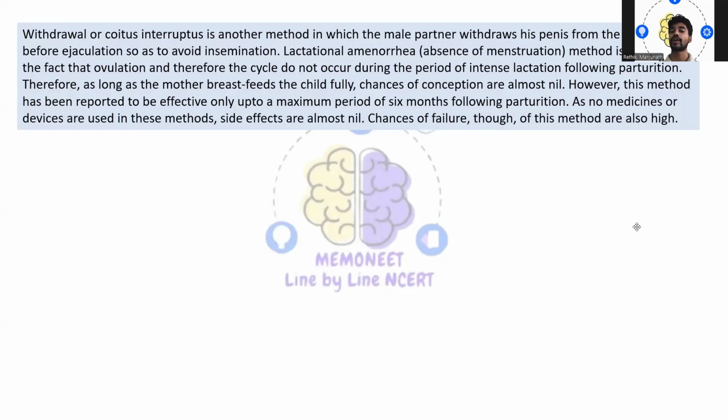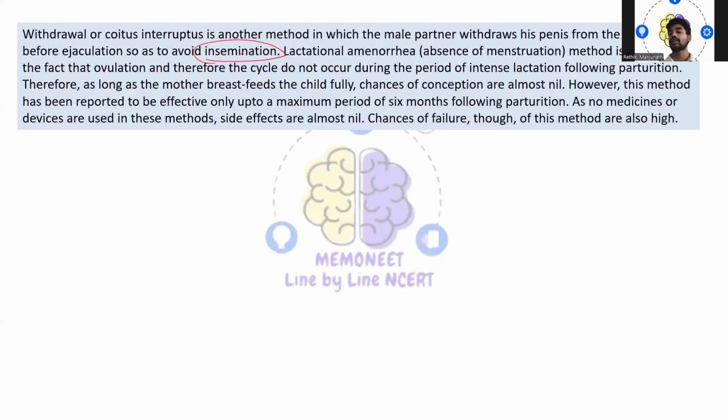So this will avoid what? Insemination. This is another very important point. How does insemination happen? When the male ejaculates the semen through his penis into the vagina, that is called insemination. So insemination can be avoided by withdrawing the penis before ejaculating the sperm.